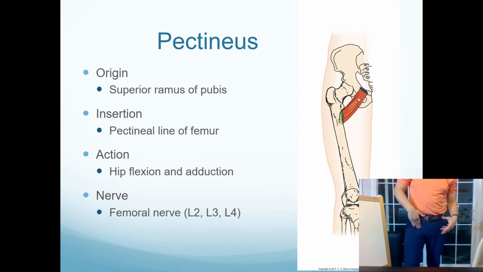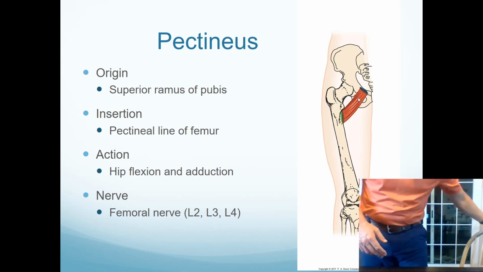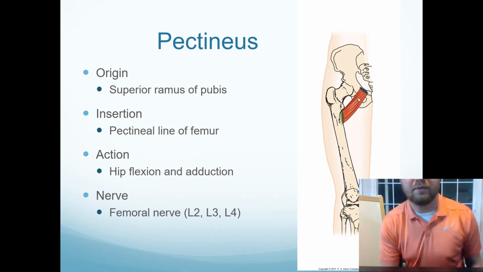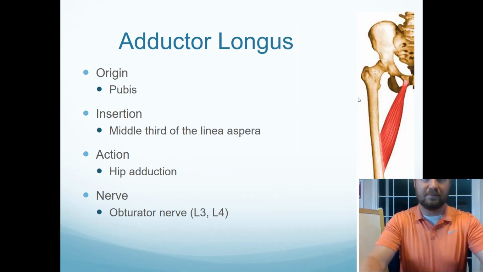If you've never skateboarded and had your skateboard go out from you, or been water skiing and have one of your water skis go out, or however else you get a groin injury. Not that I know from experience, okay? But the pectineus is going to be high, and it's going to be that groin strain injury. I don't know why they don't call it a pectineus strain. For some reason, we want to call this a groin strain, but it is really the pectineus.